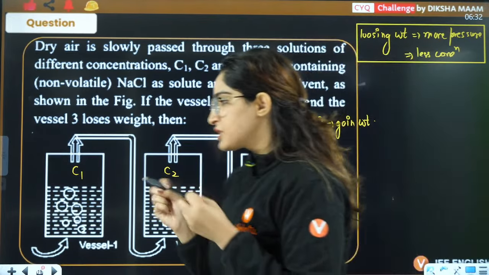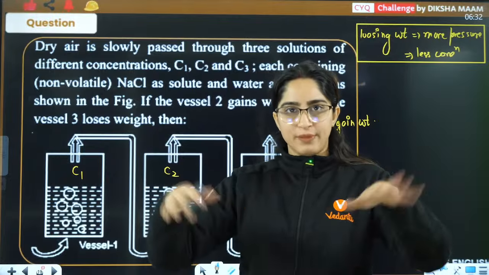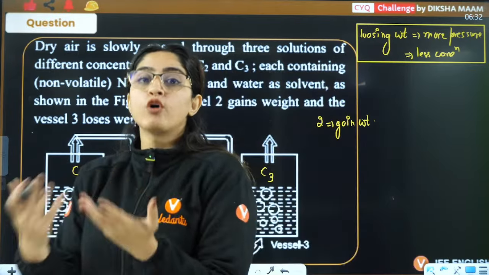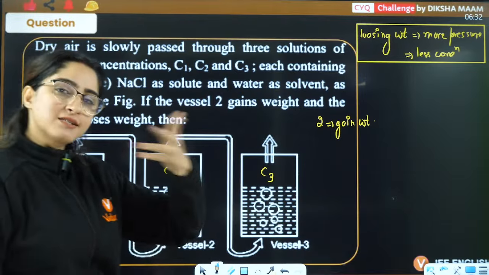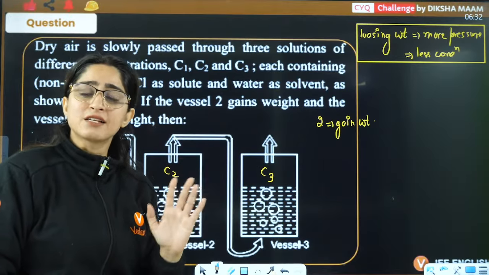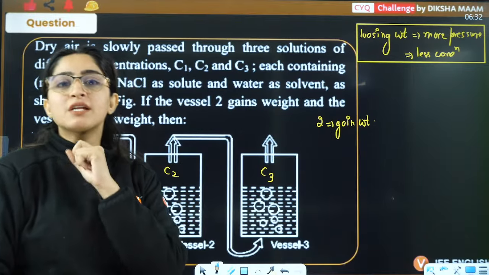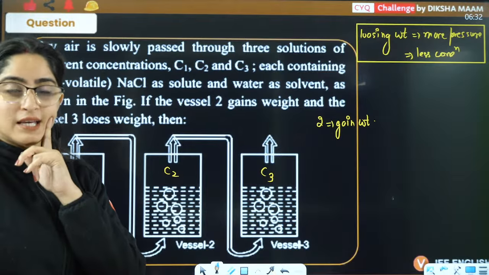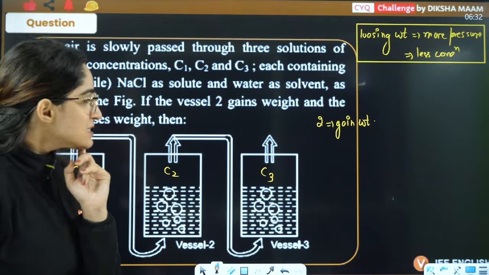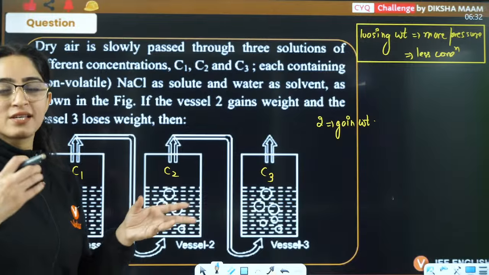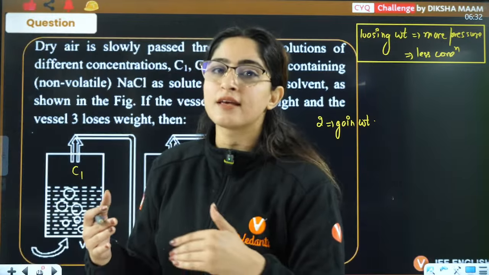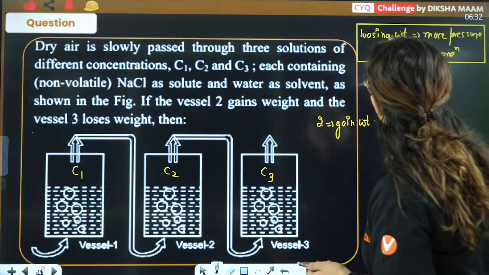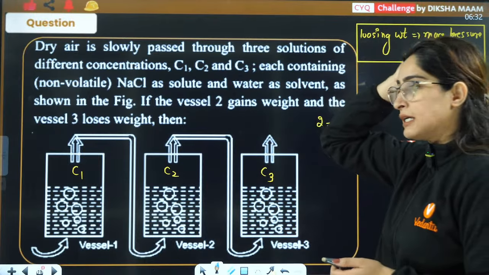Any vessel which is losing weight, which is giving off vapor, is going to have more pressure. That is why it is trying to decrease its pressure. And when the pressure is decreasing, the concentration will increase, right? It's kind of a dilution decreasing, so concentration will increase in that case. Tell me if that concept is clear, right?